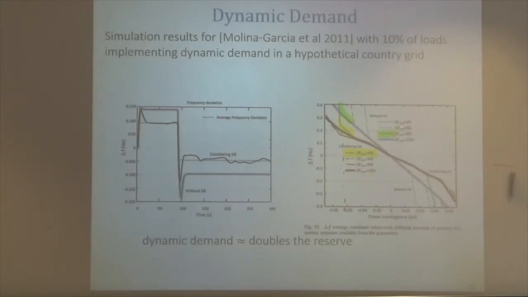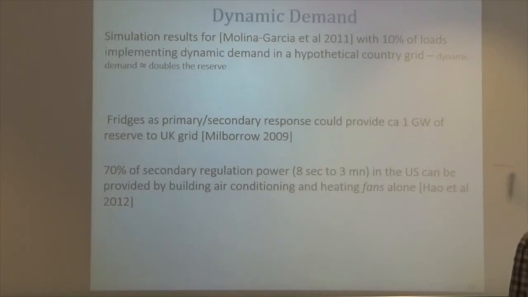Without demand response, you see the values here, and with demand response, you find the value there, which means if you want to be able to handle a power mismatch of 0.4 per unit, the frequency deviation you will have without demand response will be 0.2, and with demand response will be much less. So there will be much less reserves needed. For the UK, computations have been done that it can halve the required reserve if all fridges did that, right?